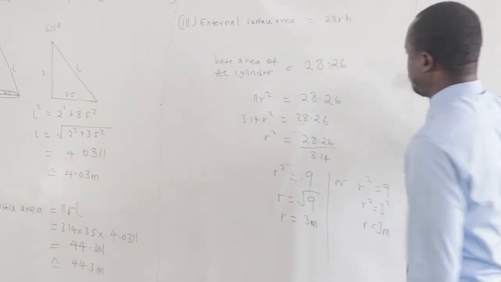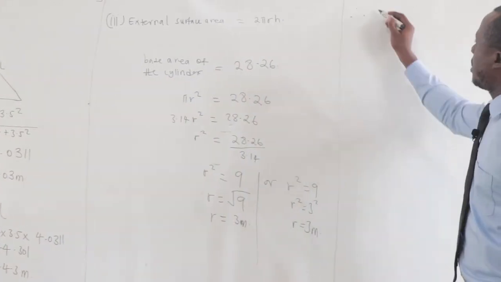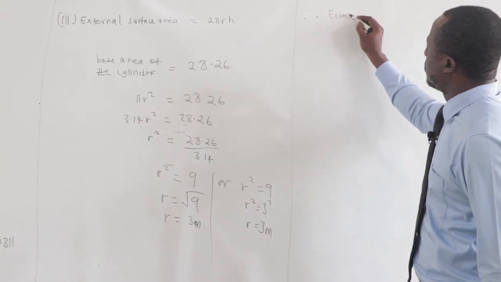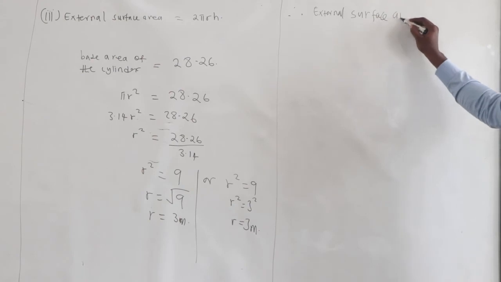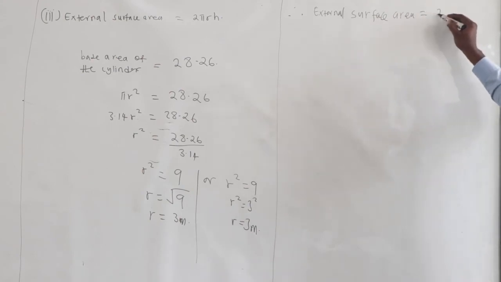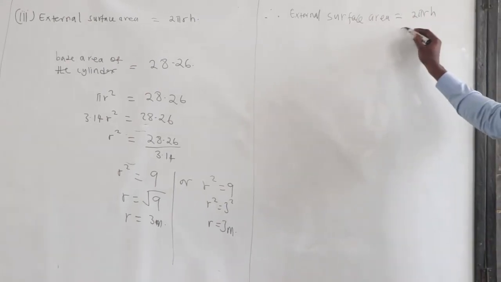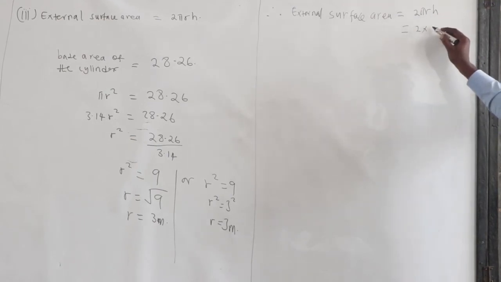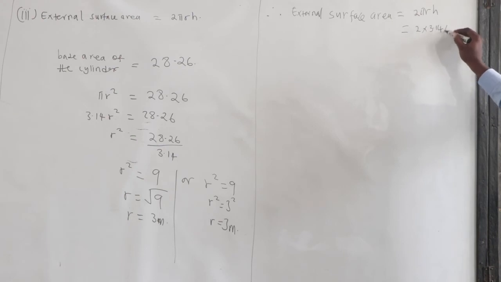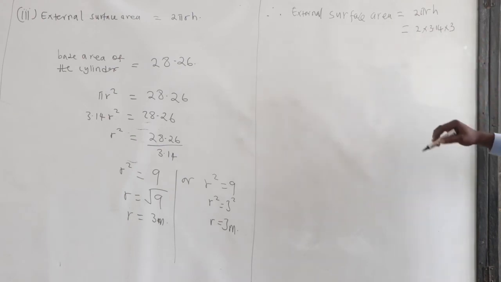Therefore, the external surface area is 2 pi r h. What is the pi? The pi is 3.14. What's the radius? The radius is 3.